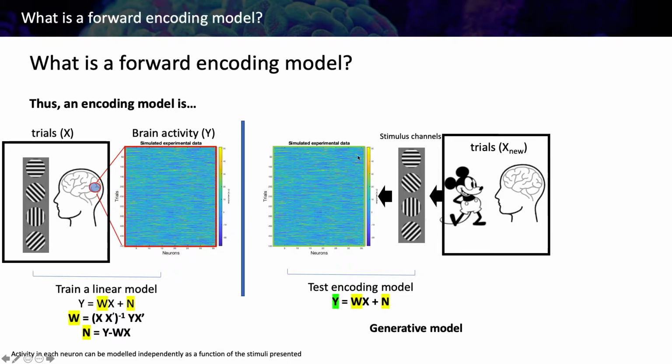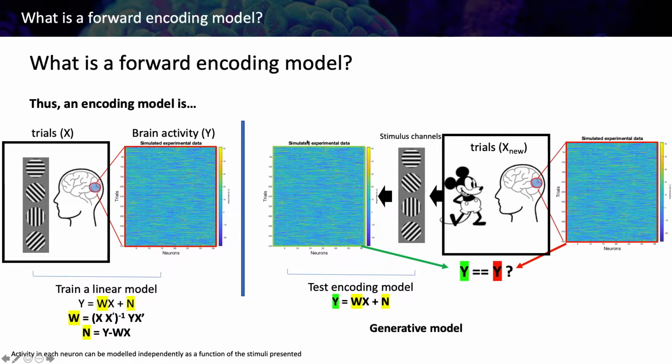Now that you can predict neural activity, what you have to do is record the actual neural activity evoked by the stimulus. And if both the predicted and the measured neural activity are similar, that means that your model is working well.